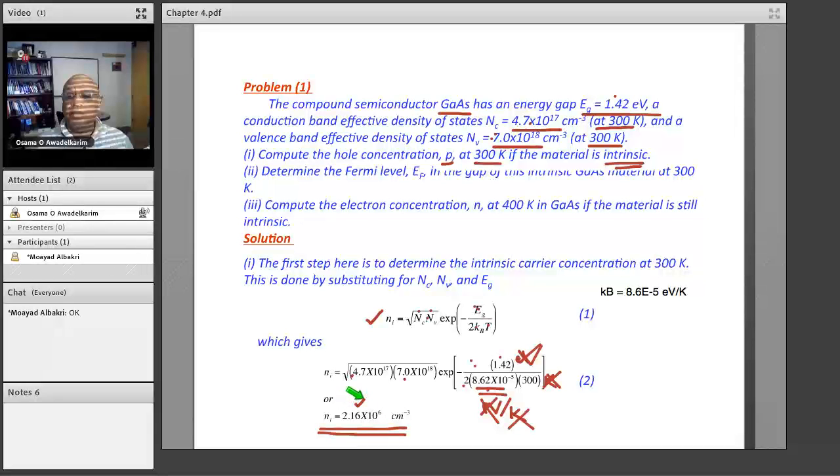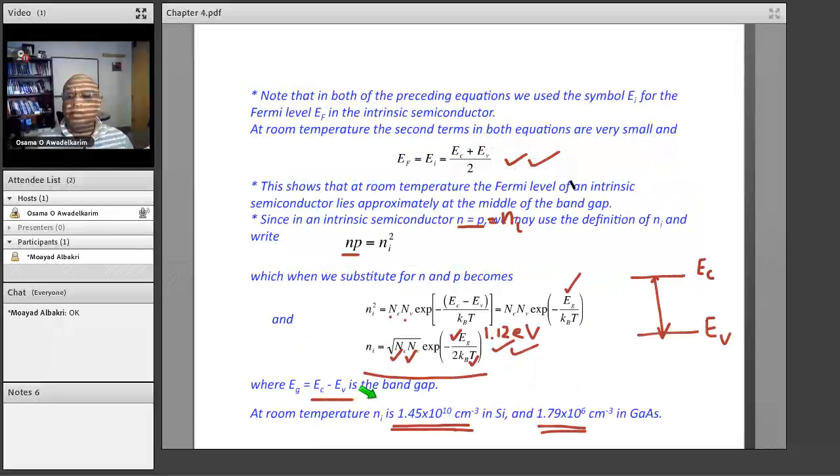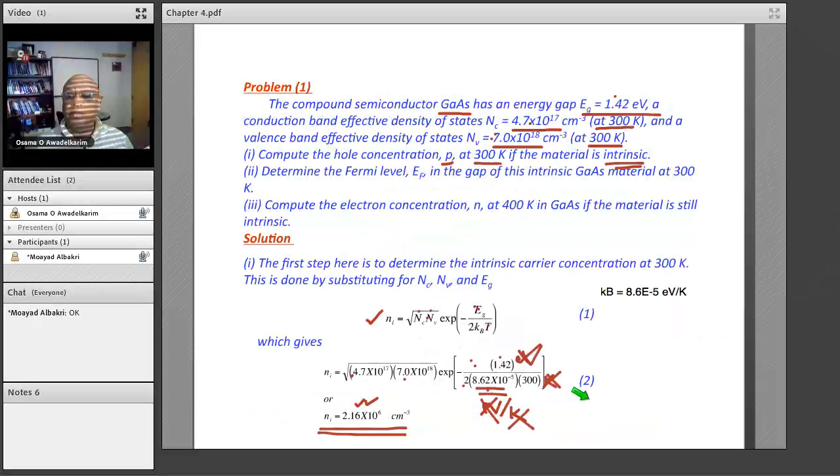This is the concentration of free holes and free electrons that are equal in an intrinsic gallium arsenide semiconductor. We said earlier in gallium arsenide we get something like 1.79 times 10 to the 6 for Ni. So we got something very close, about 20% close. So this is Ni of gallium arsenide by calculation.